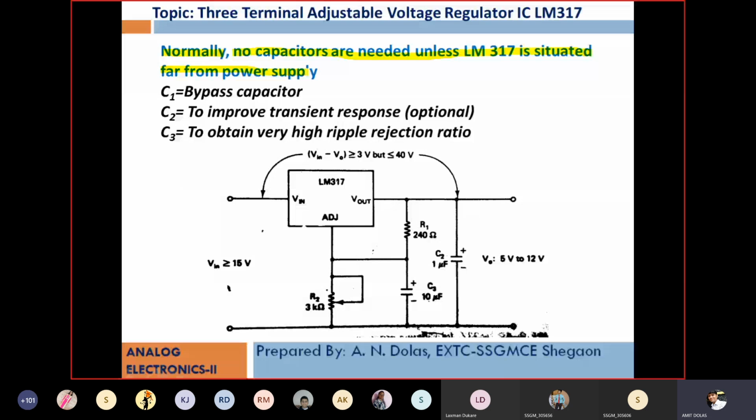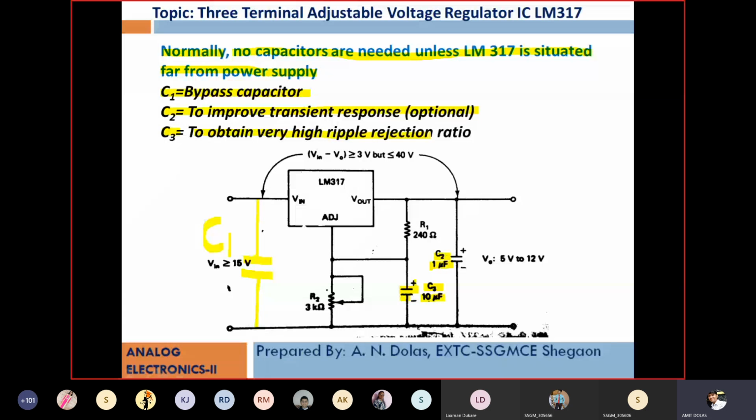And if it is situated far from the power supply, we need one output capacitor C2 and we need one more capacitor C1, C3 here. And C1 must be here, it seems to have been dropped from the diagram. C1 must be into the input. I am drawing here. This is C1. So what is C1? C1 is the bypass capacitor. C2 is to improve the transient response, which may be optional, and C3 is to obtain a very high ripple rejection ratio.